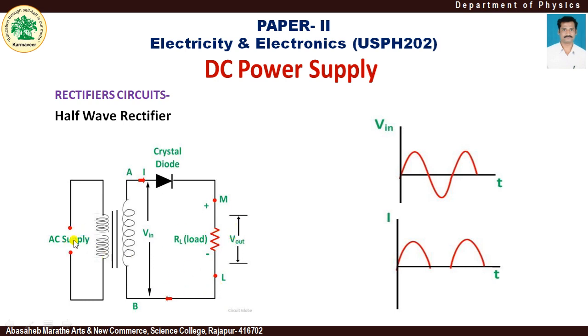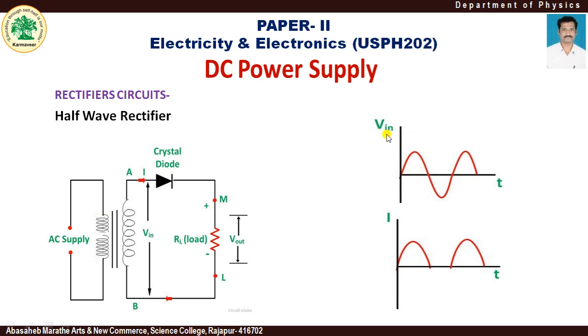When we provide the supply to this point, here is the alternating voltage or AC voltage of this kind.